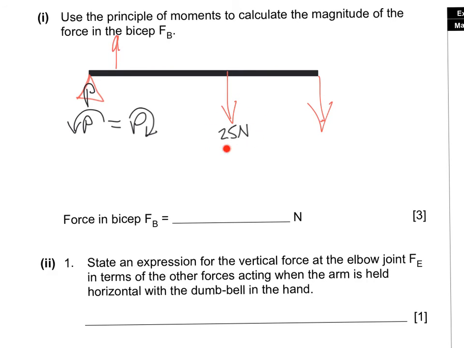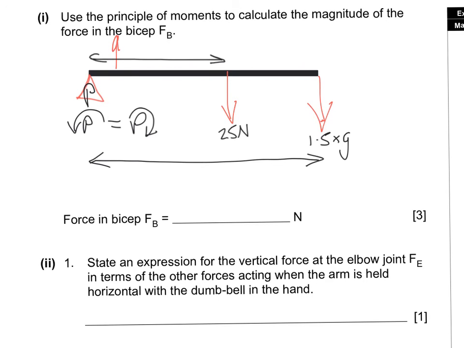So we've got 25 newtons worth of arm, we've got a 1.5 kilograms mass, which will be 1.5 times g. We've got distances to these locations from the pivot, from the diagram. Those values are 19 centimeters and 37 centimeters. And we've got a distance out to this bicep force of 6.8 centimeters.